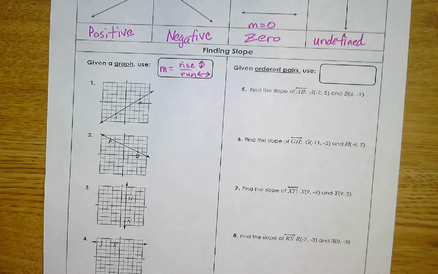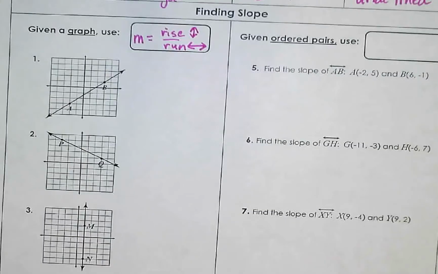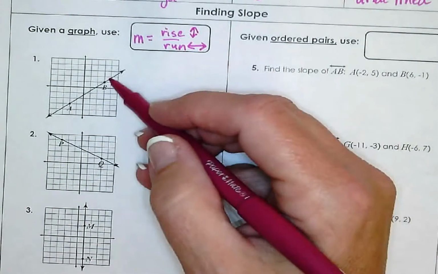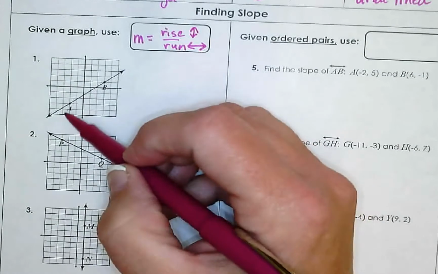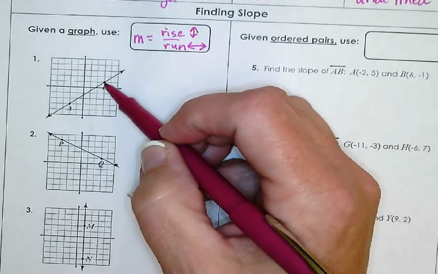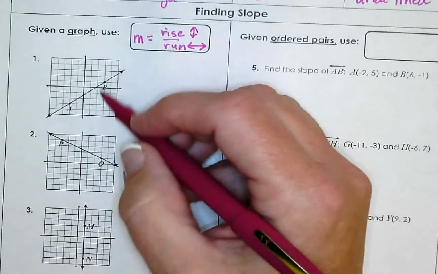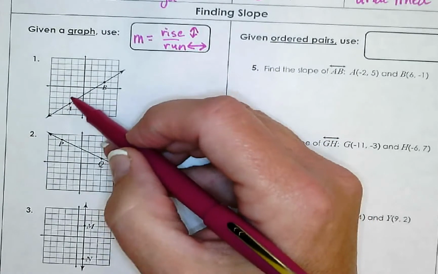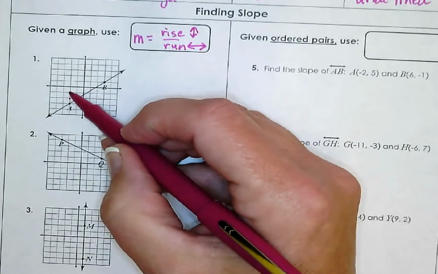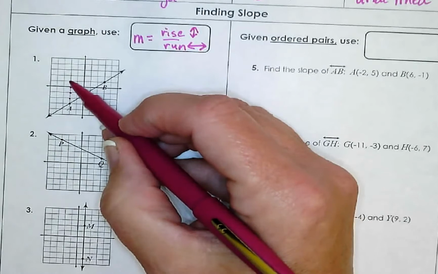So when I'm looking at my paper, let me zero in on this a little bit. They've already marked 2 points on that line, A and B. I'm going to count. It doesn't matter which point you start with, but you always have to start counting up and down. So I'm going to start at A, and I'm going to go 1, 2, 3, 4.